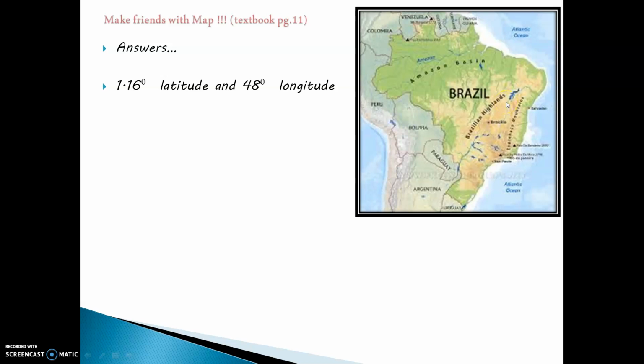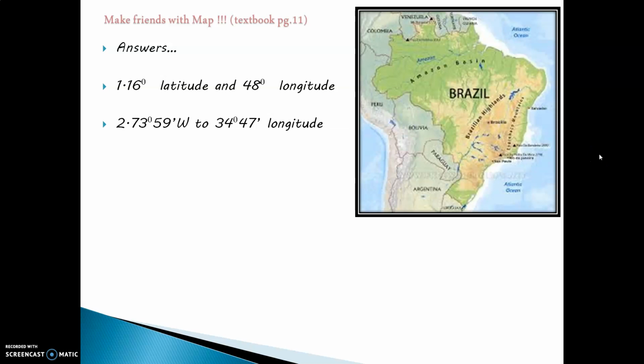Next question, what would be the longitudinal extent of Brazil? The answer is 73° 59' west to 34° 47' west longitude. This is how the extent of Brazil is on the world map.